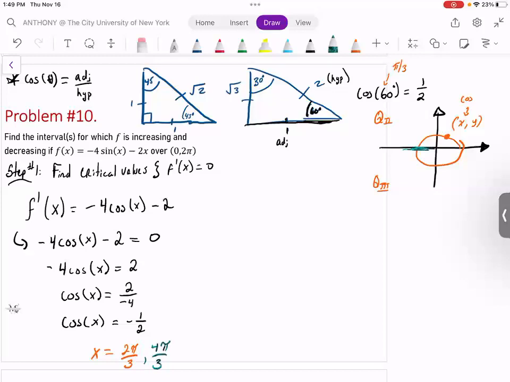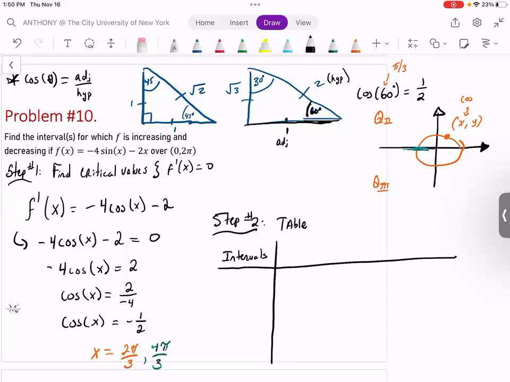I want to now determine the intervals where the function is increasing and decreasing, so I could set up a table. So step 2 is my table. Oh, sorry, I spelled table wrong. There you go. So you have your intervals. The intervals of interest, we're looking at from 0 to 2 pi. So the first one should be from 0 to 2 pi over 3.